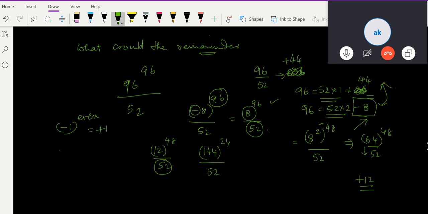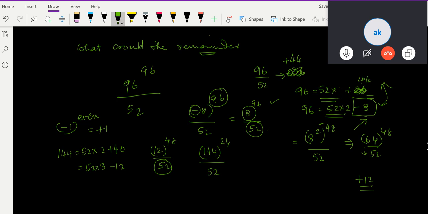So 144 again can be 52 into 2 plus 40, or 52 into 3 minus 12.